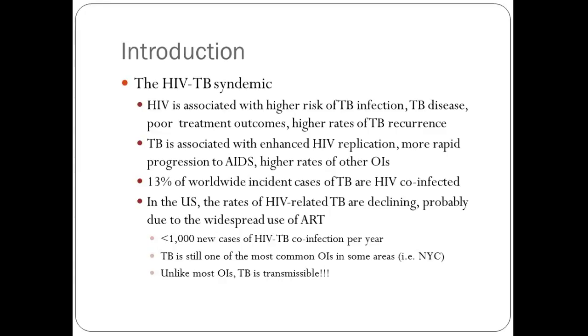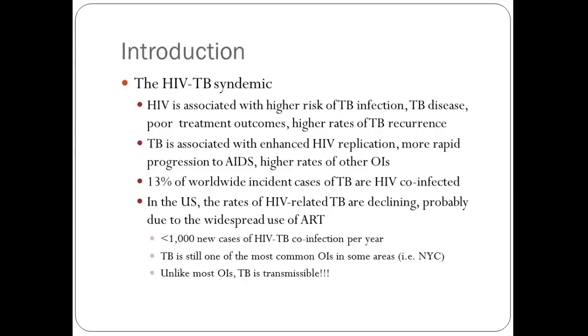Now, tuberculosis is also associated, looking at this from the other side, with enhanced HIV viral replication, more rapid progression towards AIDS, and higher rates of other opportunistic infections. So you can see how HIV affects tuberculosis, and tuberculosis also affects HIV.